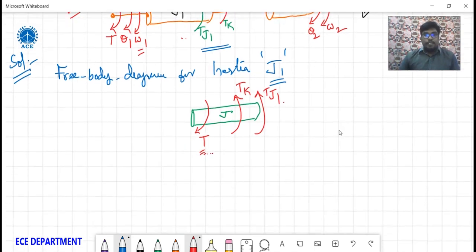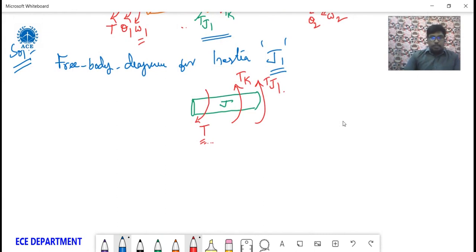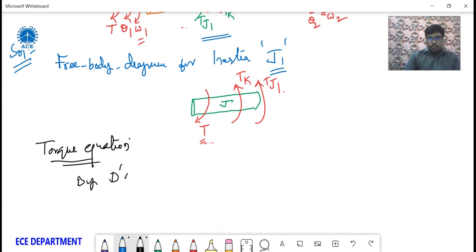So write the torque equation by D'Alembert's principle. What is the torque equation?